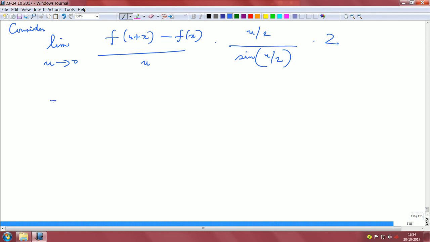So, by definition, this is f dash of x times 1 times 2, that is 2 times f dash of x.